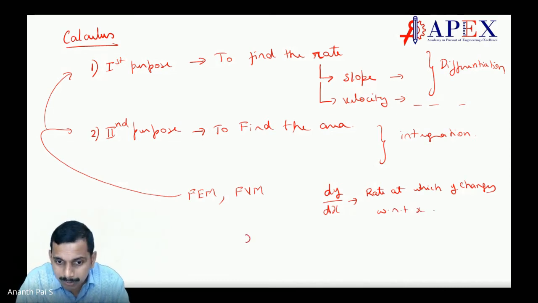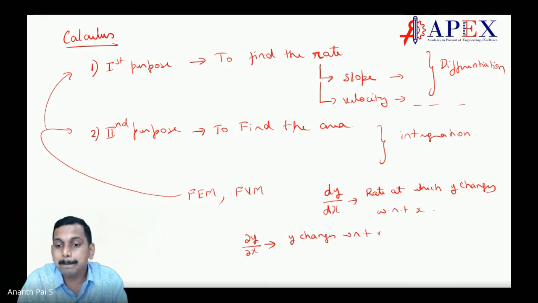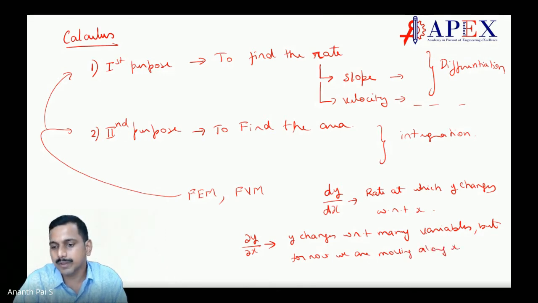What do you mean by dou y by dou x? It means y changes with respect to many variables, but for now we are moving along x in such a way that the other variables do not change.